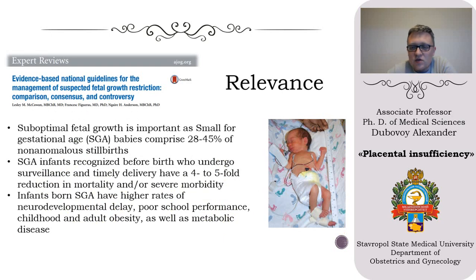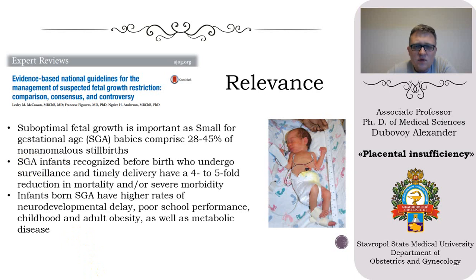Later in the lecture, I'll talk about the difference between fetal growth restriction and small for gestational age. Suboptimal fetal growth is important, as SGA babies comprise 28 to 45% of non-anomalous stillbirths. SGA infants recognized before birth who undergo surveillance and timely delivery have a 4 to 5-fold reduction in mortality and severe morbidity.